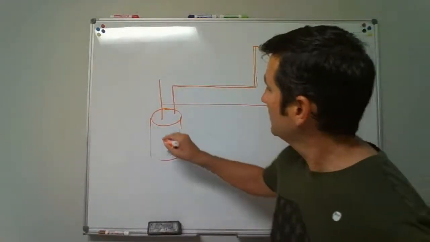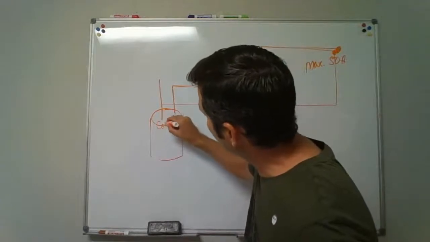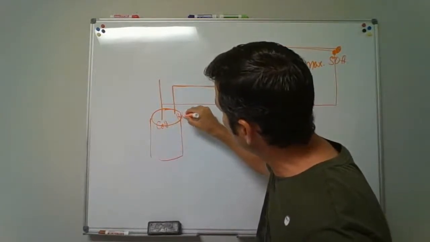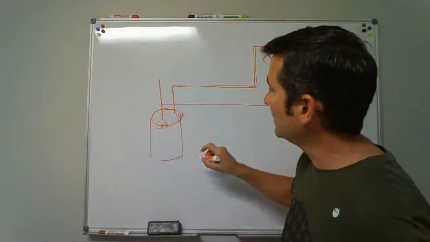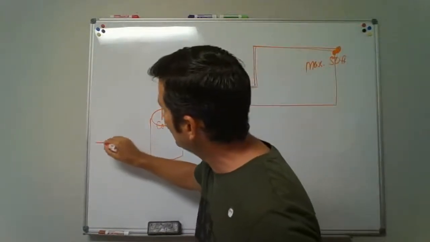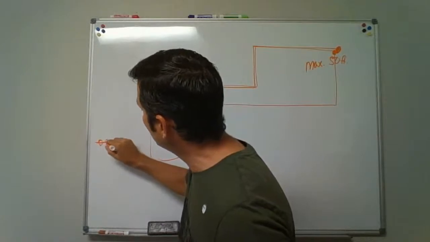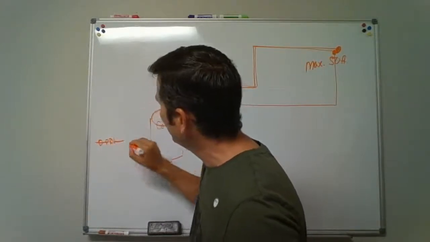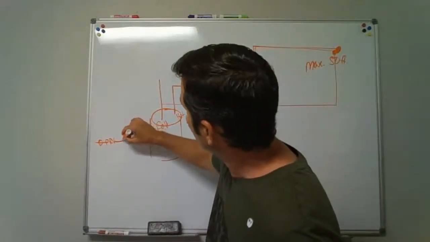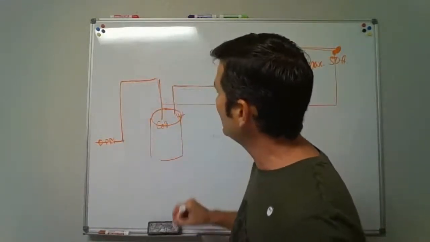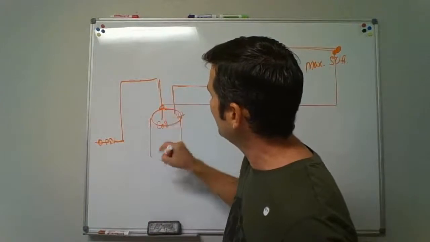If you remember, let's just say that's the cold and that's the hot line. So somewhere off this cold line, let's just say this is coming in the house. You've got a shutoff valve, then we put a PRV in the line. It says downstream of the PRV. So then we come off, and let's just say that feeds into the heater. Of course, we've got another shutoff and then 3 foot of the heater.